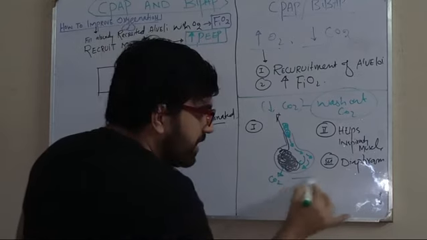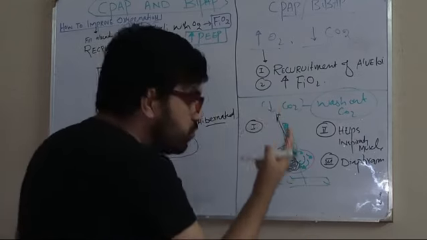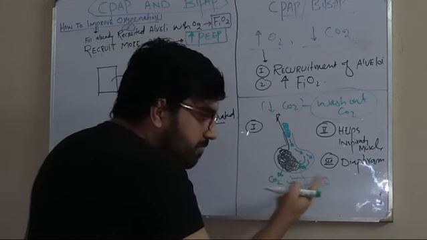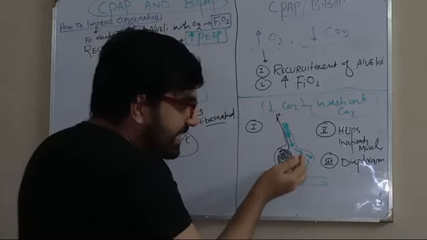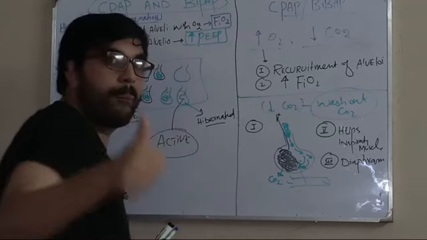In the blood there is high CO2, so there is diffusion of CO2 from the blood in the vessel to the alveoli, and that air is escaping. With time, there is washing out of CO2.